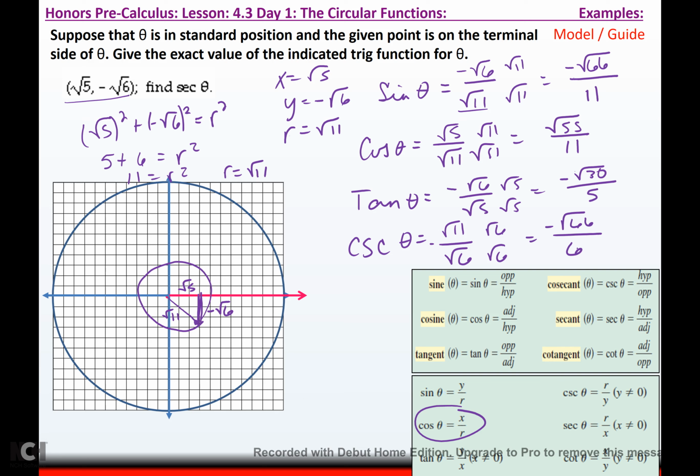Cosecant would be the radius, which is the square root of 11, over y, which is a negative square root of 6, rationalize. That would be a negative square root of 66 over 6.